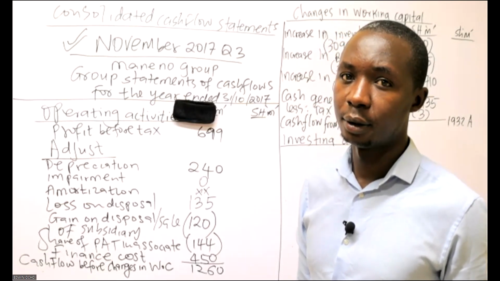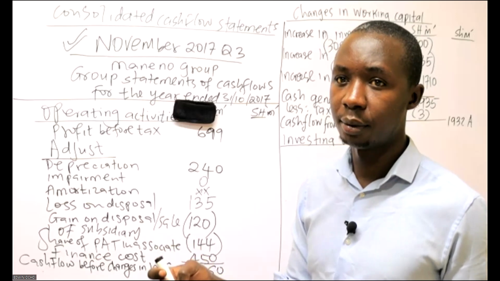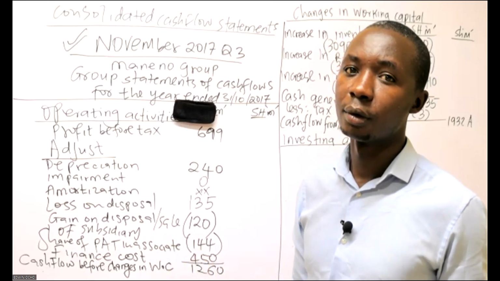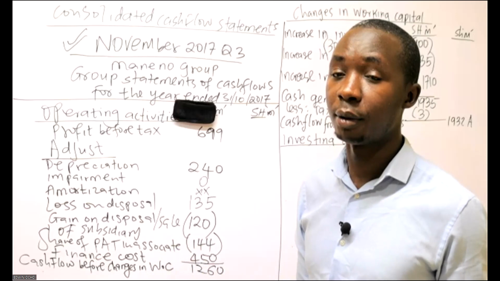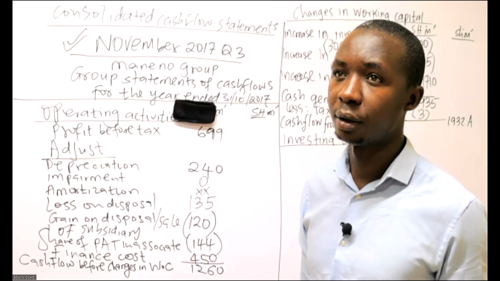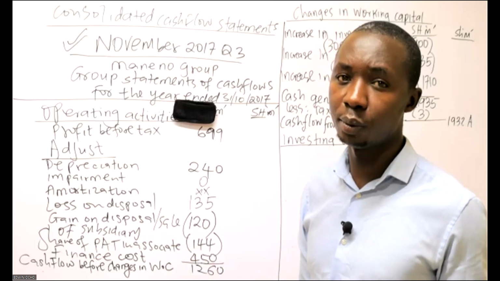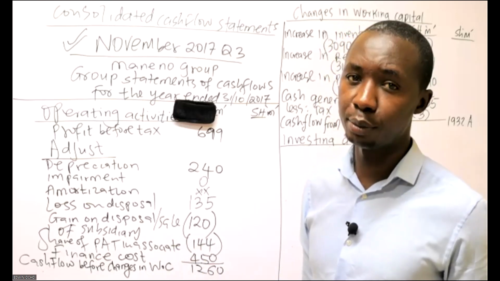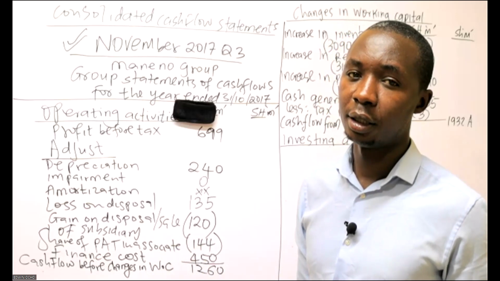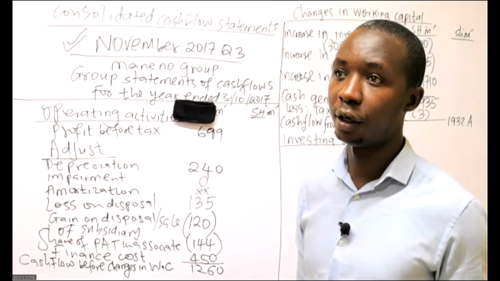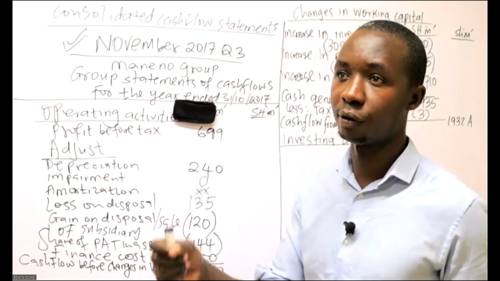Then after that, we check investment income and dividend received from either an associate or a joint venture. This one will be guided by the investment given in the non-current assets. You will find they say investment in associate or joint venture.